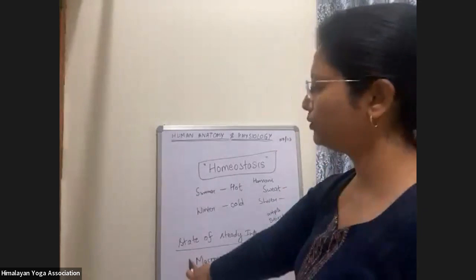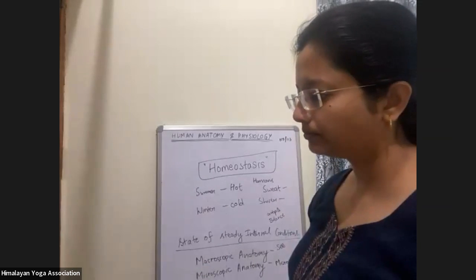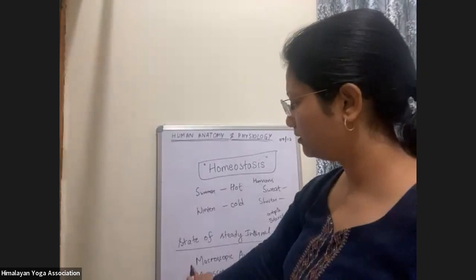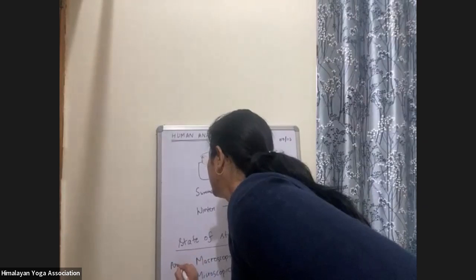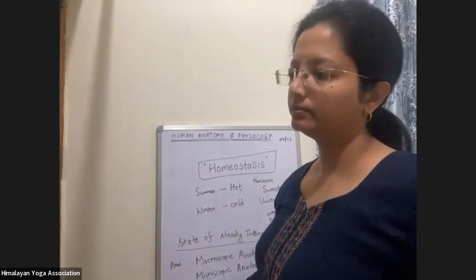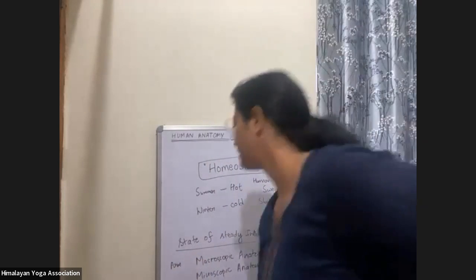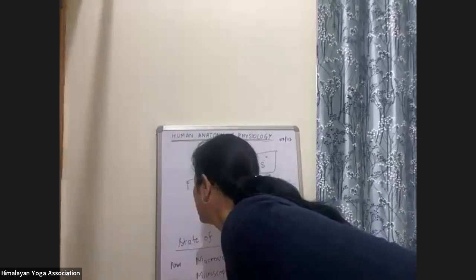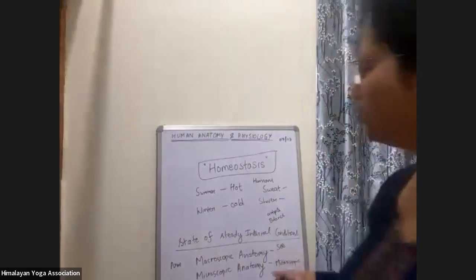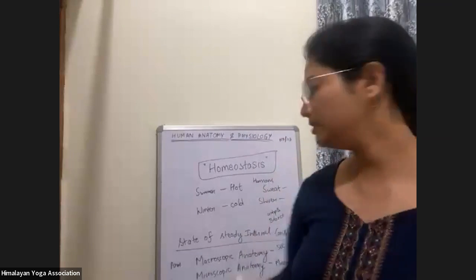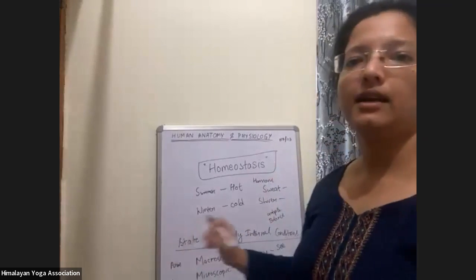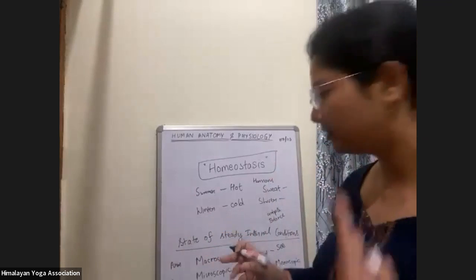Examples, macro? Your arm. Okay. And micro? Cells. Yes, very good. So macroscopic anatomy is what we can see with our naked eyes, like arms, legs, nails, hair, eye, nose, everything.